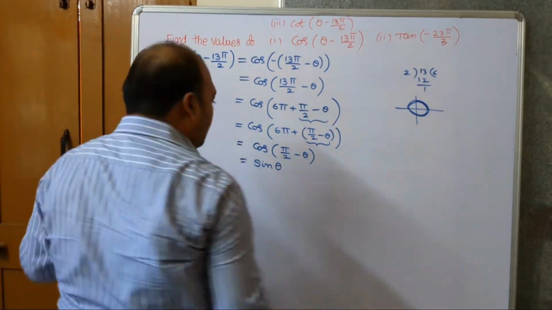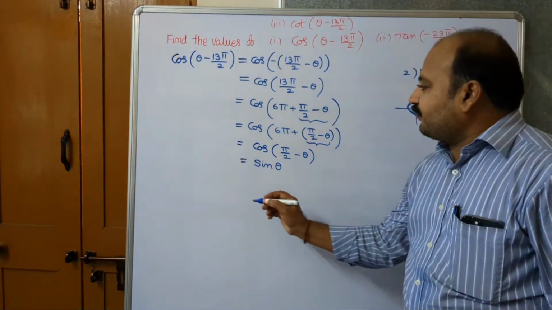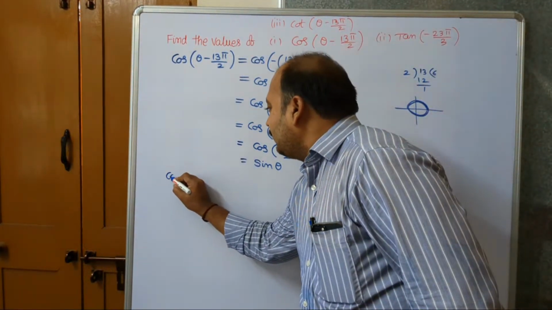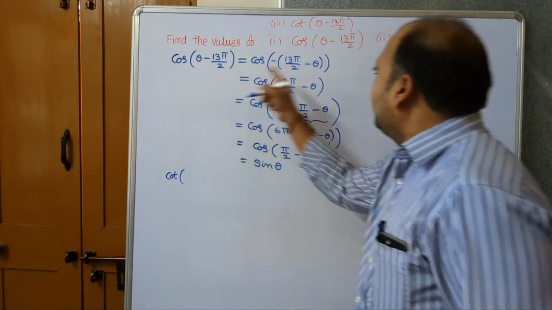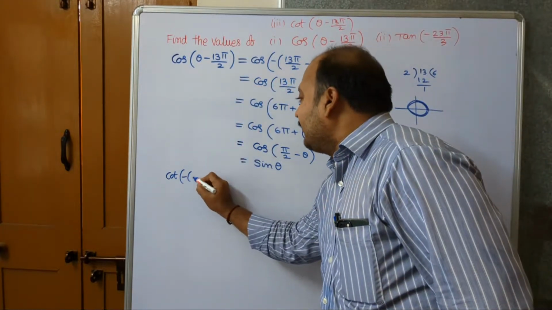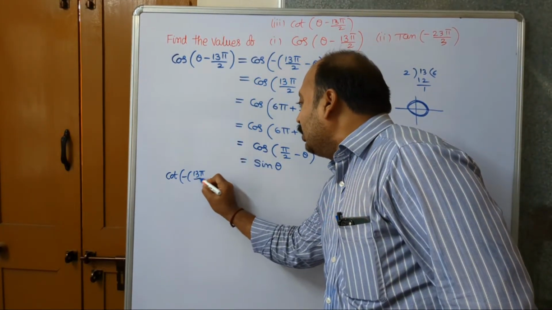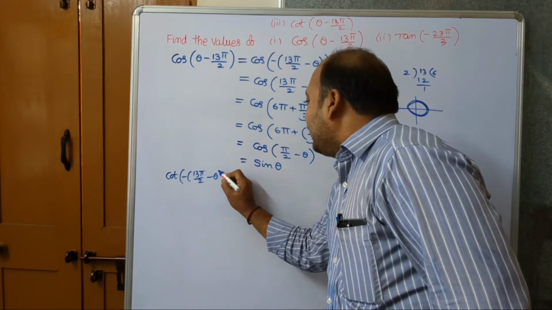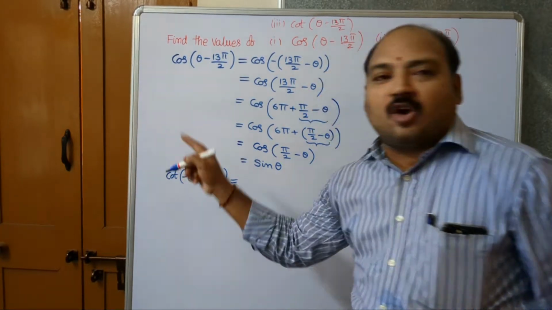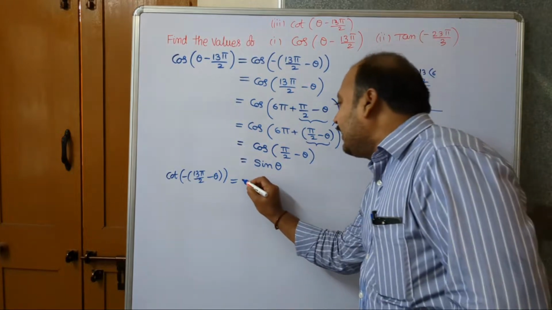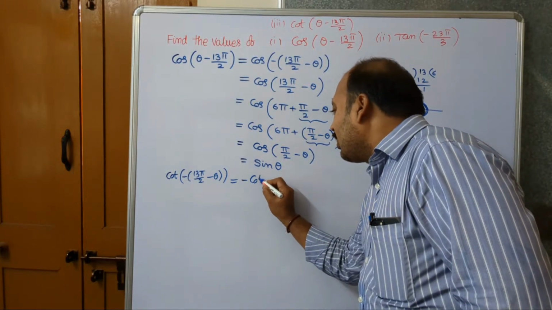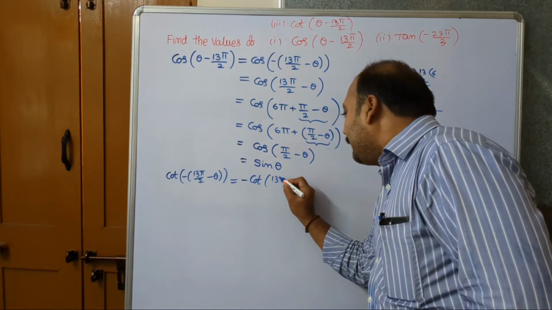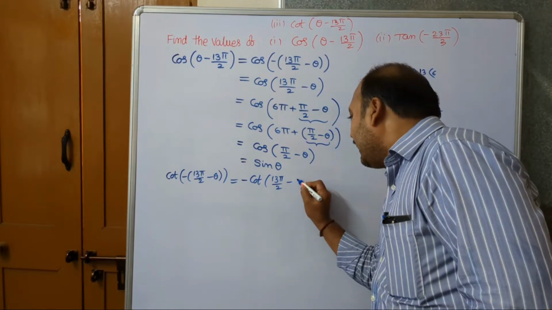Here I will explain. Cot, same thing only, no? But minus 13 pi by 2 minus theta. So cot of minus theta is minus cot theta. Minus cot 13 pi by 2 minus theta.